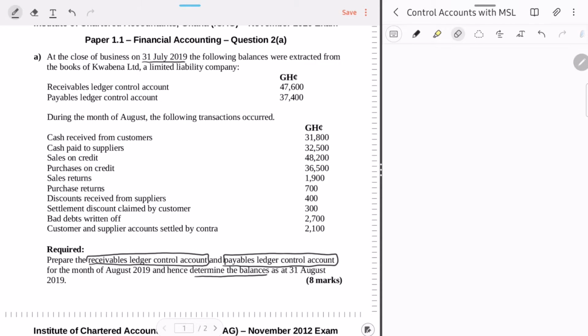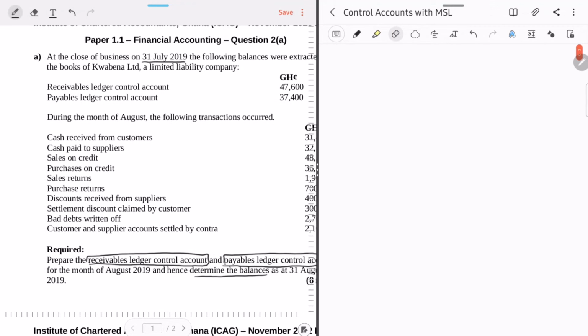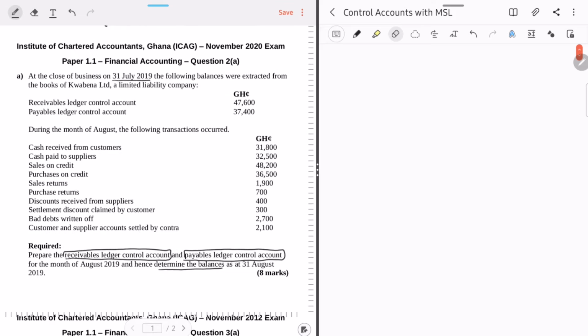So let's start. What are control accounts even? What do they look like? They are simply T accounts. So this is the first part. All I need to do is open a huge T account, then come here and open another huge T account.